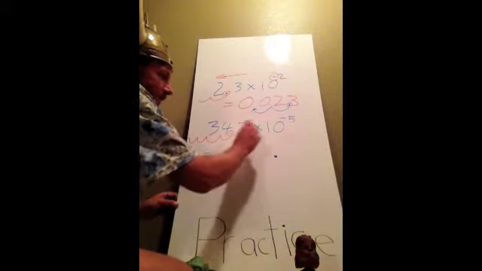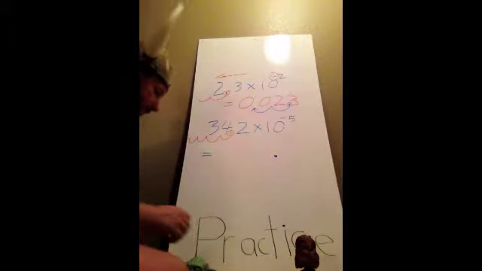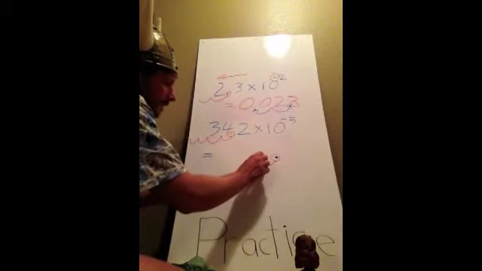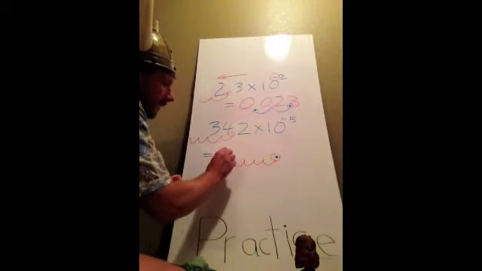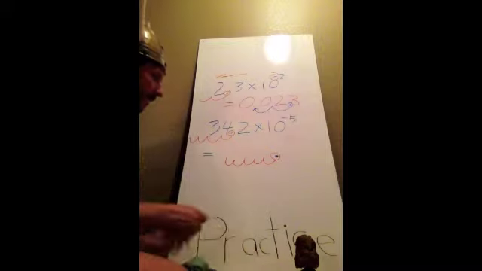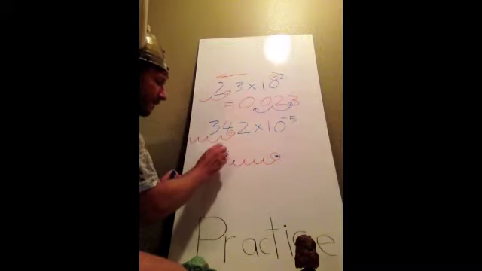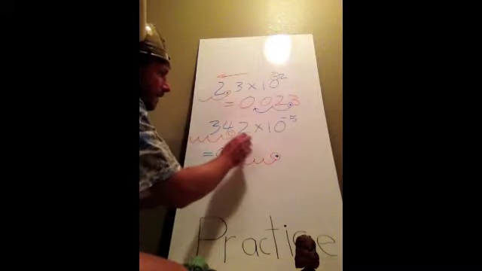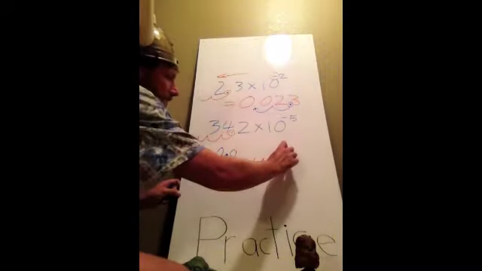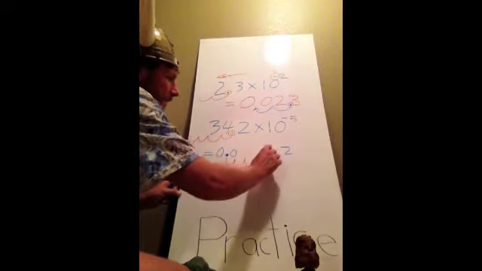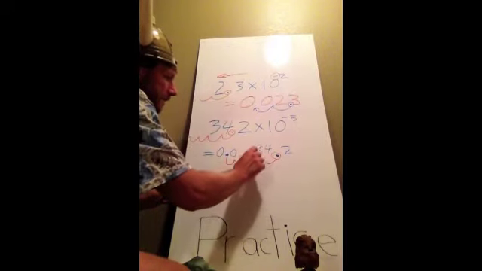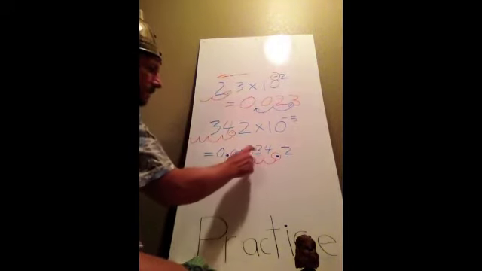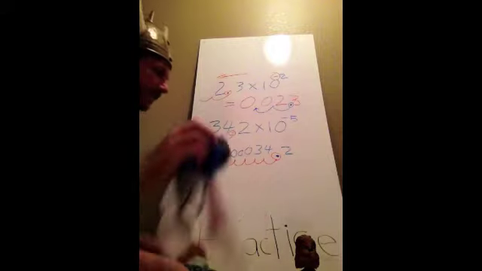Pretend that number's not there. 1, 2, put a 0, need that placeholder. Let's move this number, so there's our first 2 places, and zeros. Is that 5 places? 1, 2, 3, 4, 5. Let's clean it up a little bit.